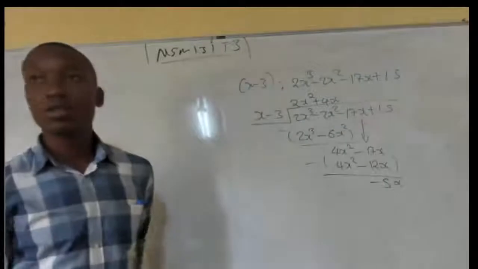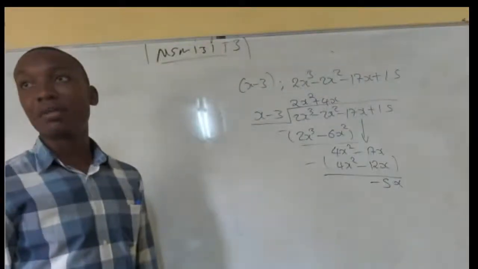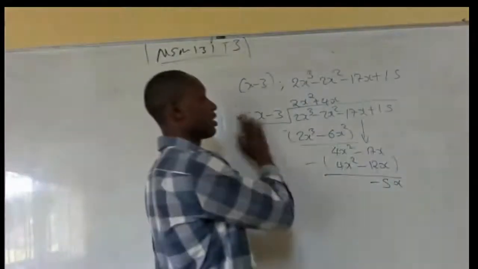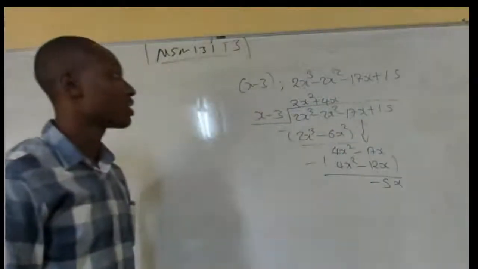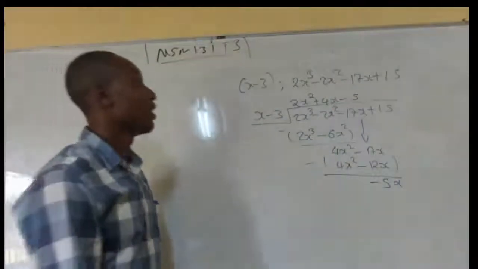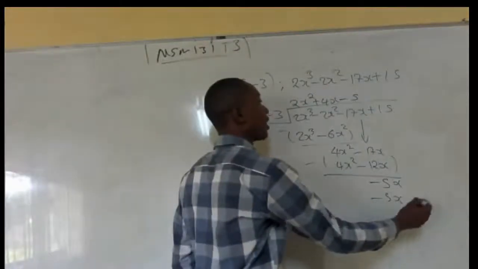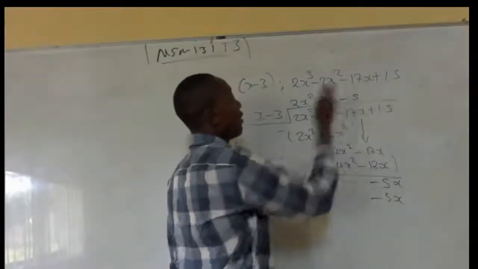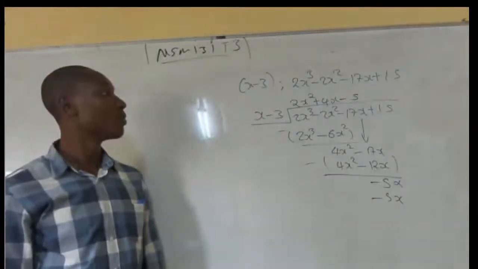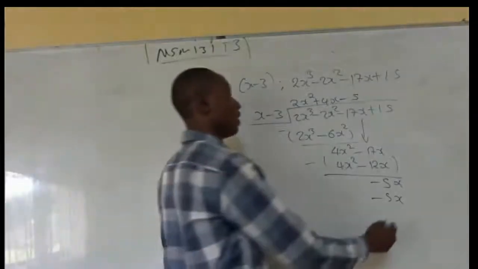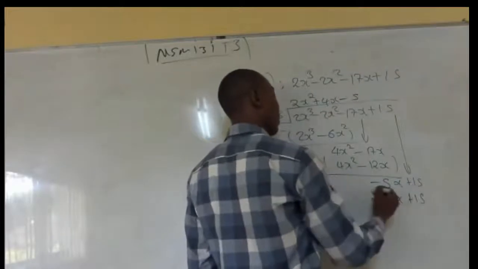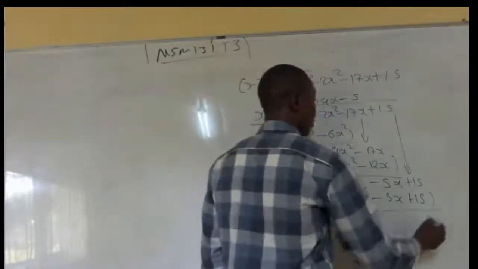So x into negative 5x, we end up having negative 5 from here. Then negative 5 multiplied by that, we have negative 5x. Then negative 5 times negative 3 is positive 15. So plus 15, bring down 15, then we have 0.